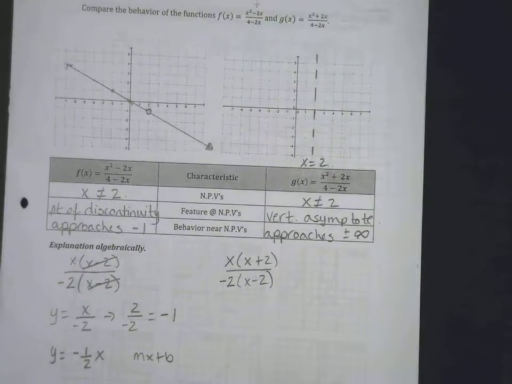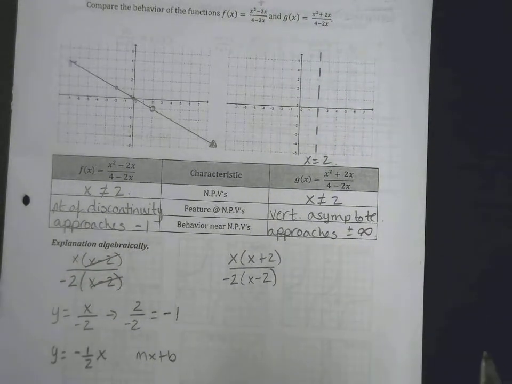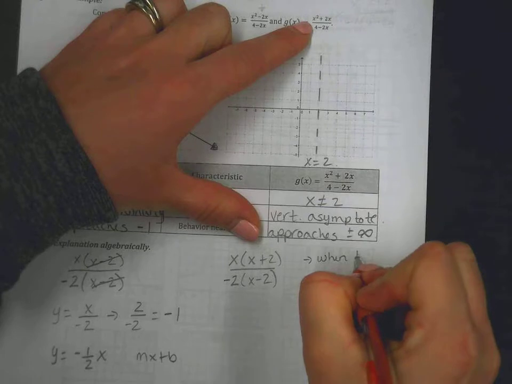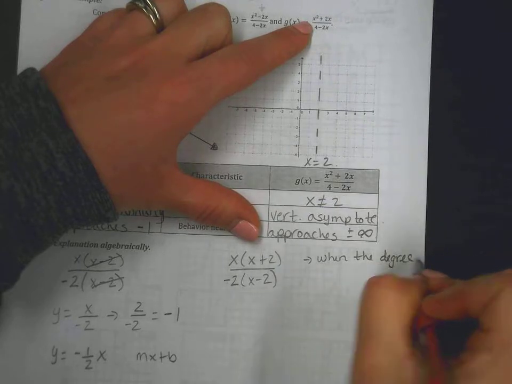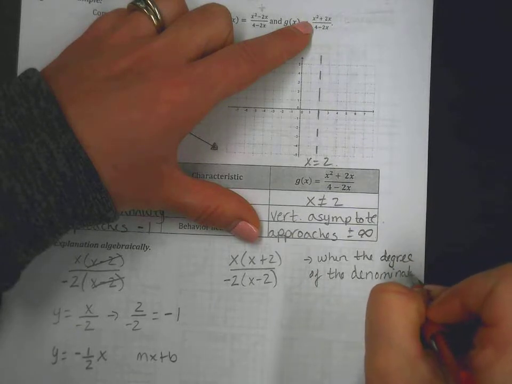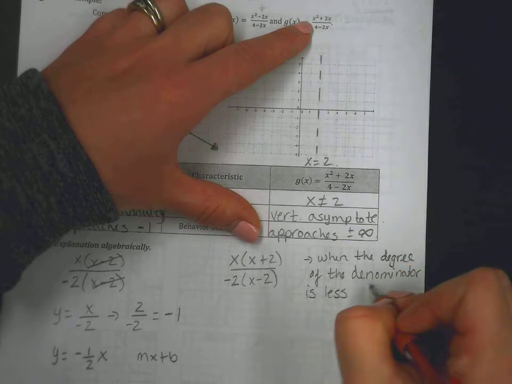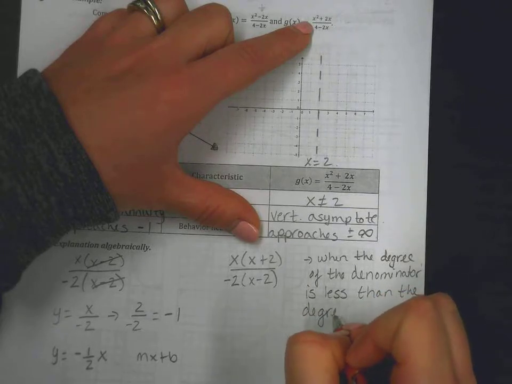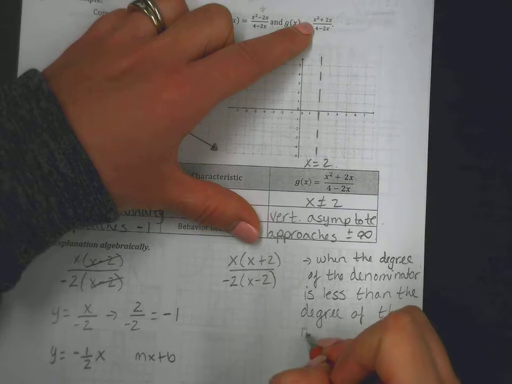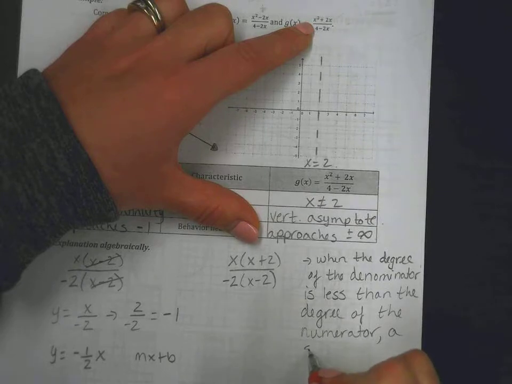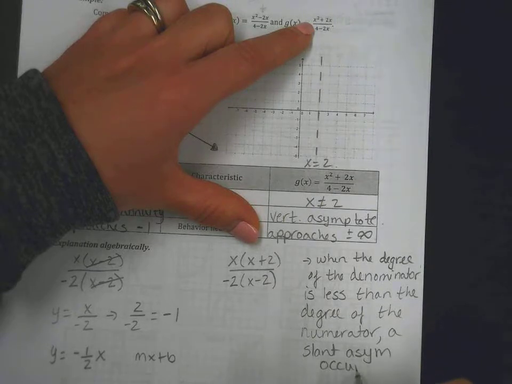All right, and then this second function, what does it look like? A little bit different. When the degree of the numerator is greater than the degree of the denominator, a slant asymptote occurs rather than a horizontal.